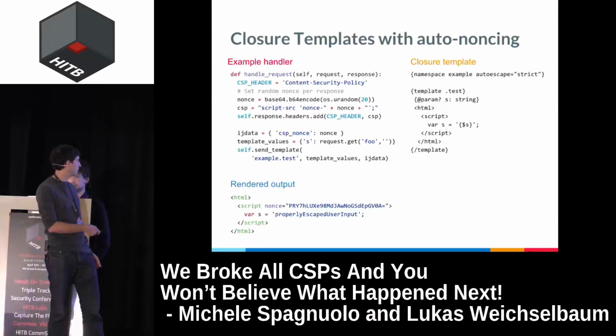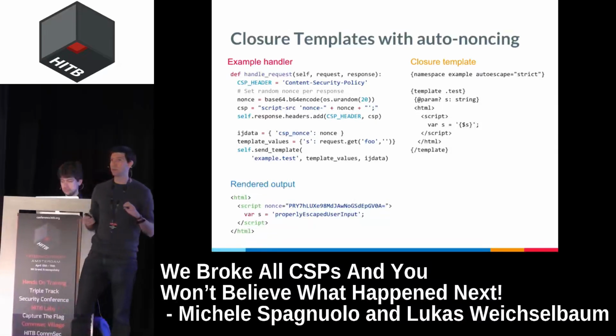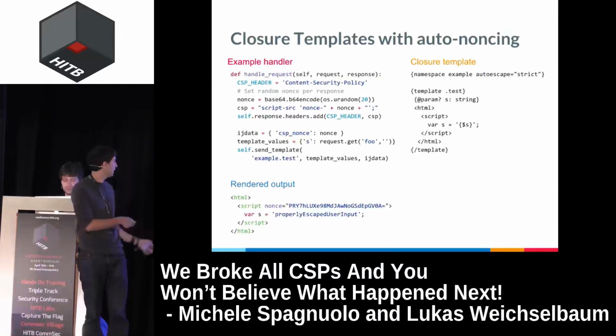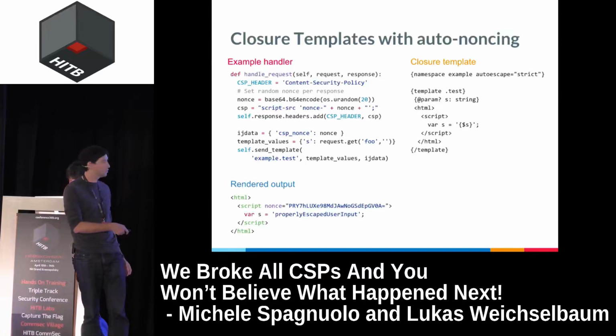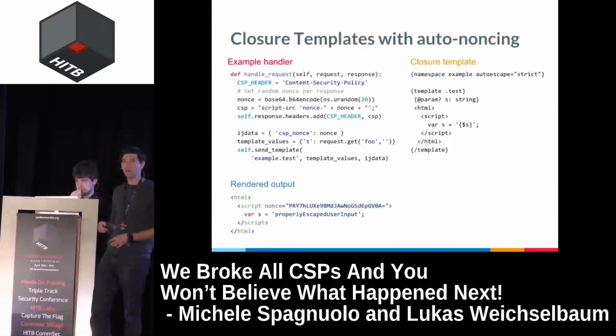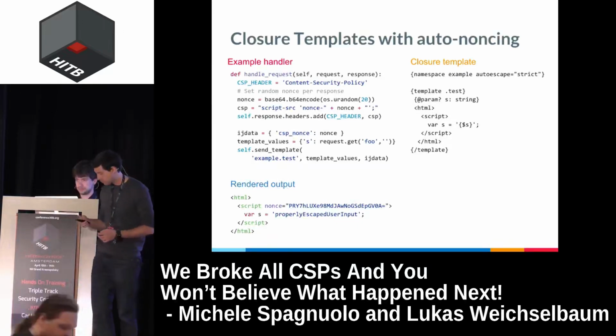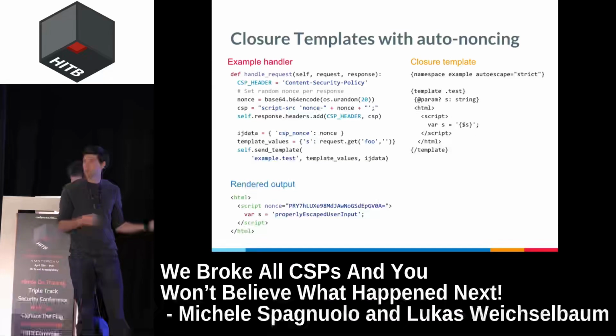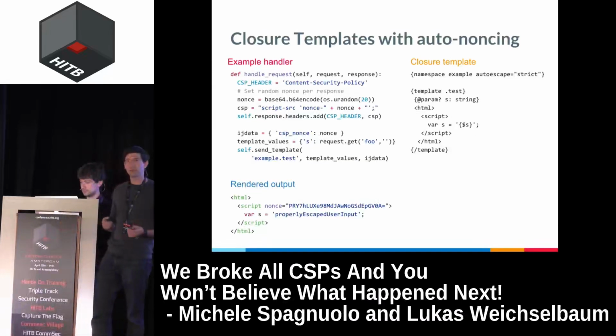You have basically every script nonced, although you have no nonce in the template, right? The templating system completely takes care of it, and your site doesn't break because all the legit scripts have nonces, and the user input is escaped properly for the right context. Which is important, right? Because if you nonce a script and you have unescaped user input here, that could still trigger an XSS, right?